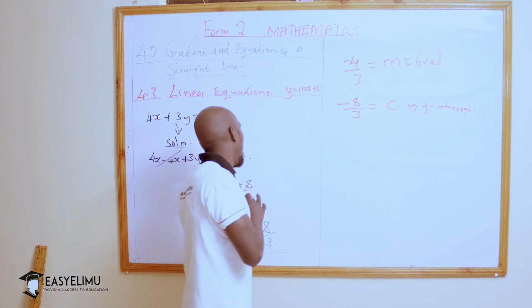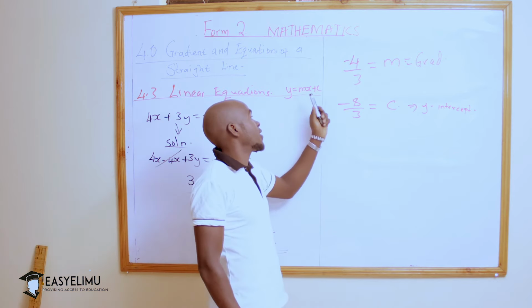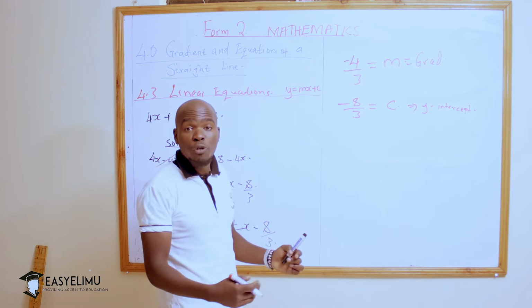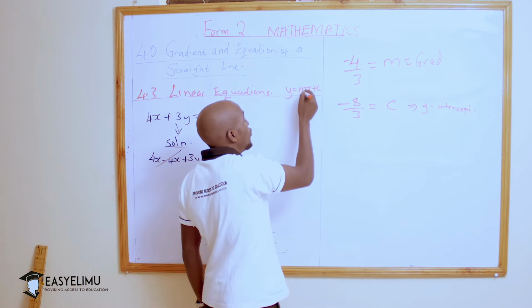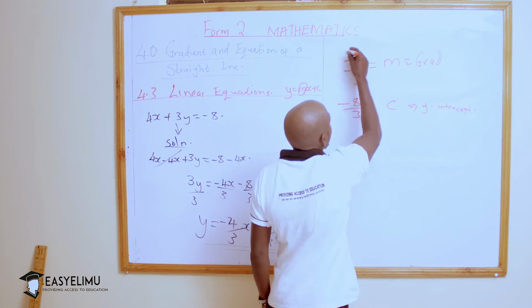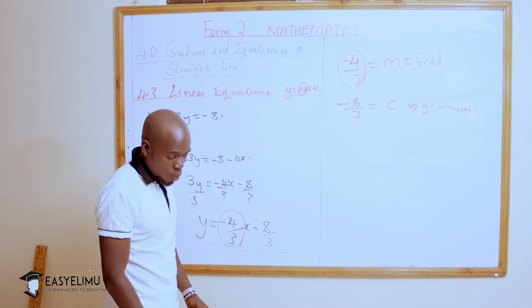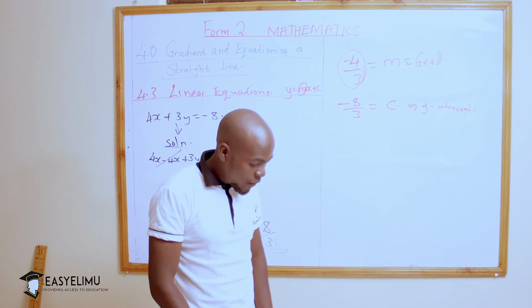So if you have an equation of this sort, y equals mx plus c, and you are required to find the gradient, you just take the coefficient of x. The coefficient of x will give you the gradient, as we can see from what we have worked out.